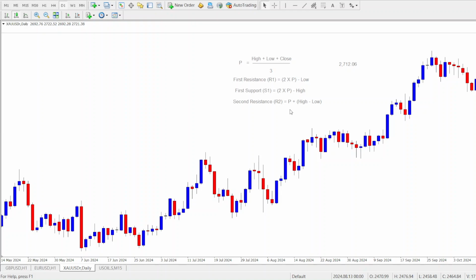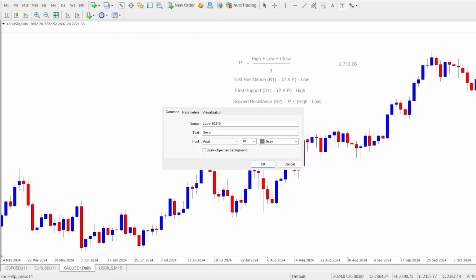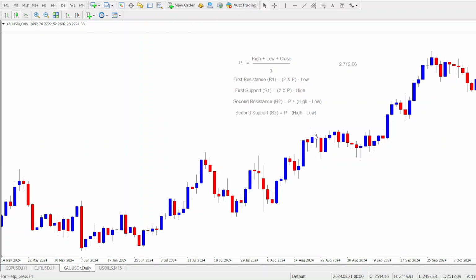Now as for the second support, the formula is as follows: S2, the second support, is equal to P minus high minus low. Okay, these are the formulas.